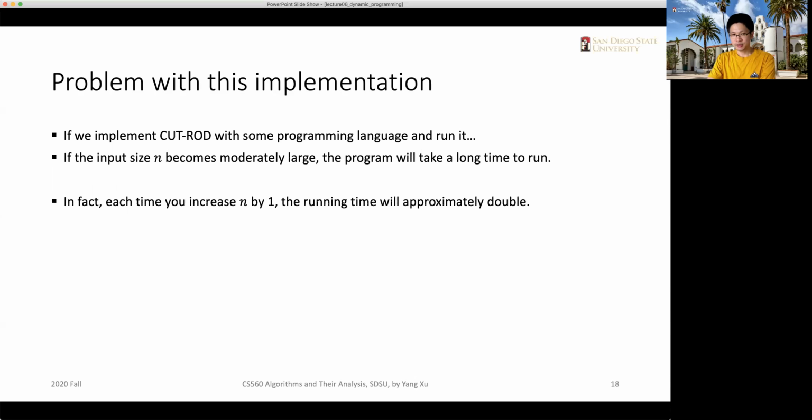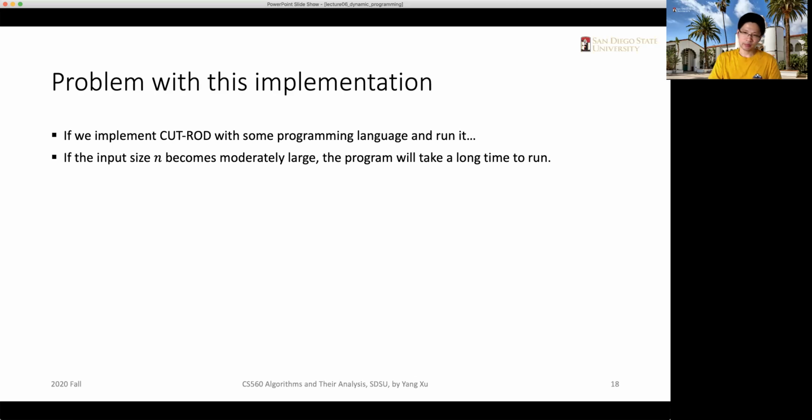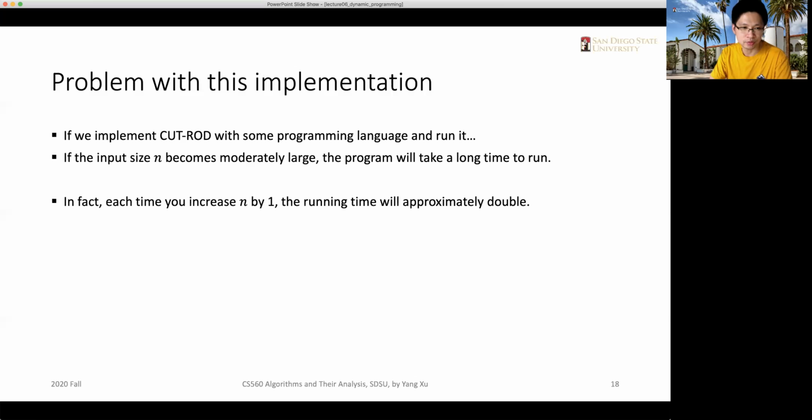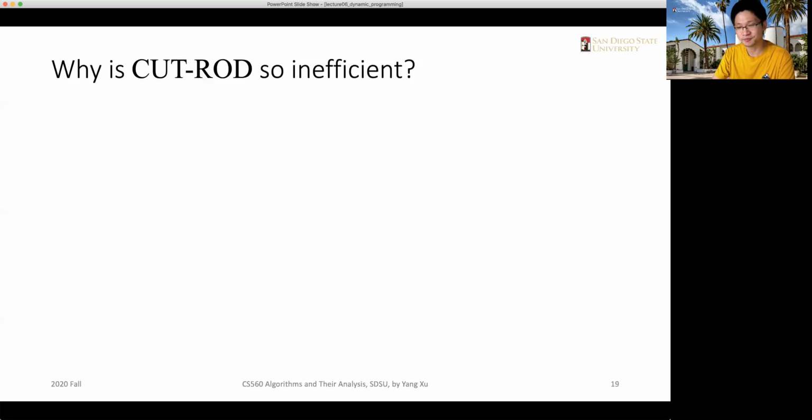It's just like the recursive Fibonacci problem. If we just call some moderately large number, it will be very slow to compute. Actually, if we increase n by 1, the running time will approximately double.